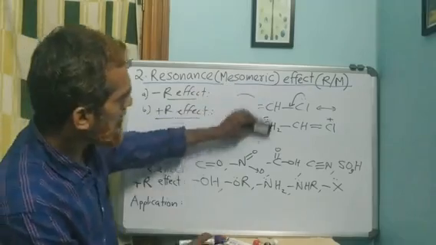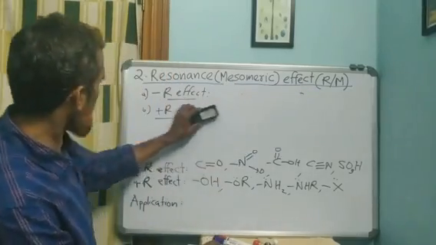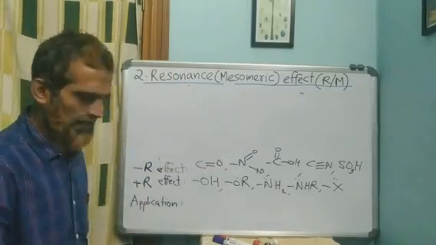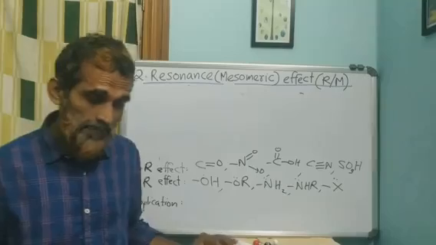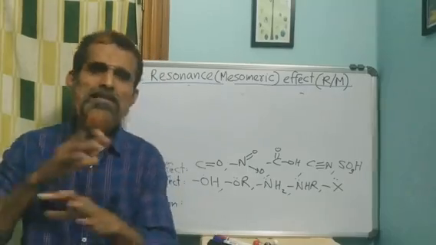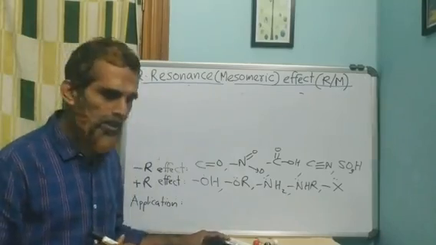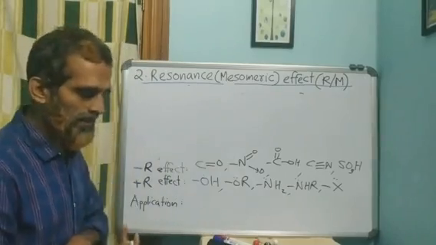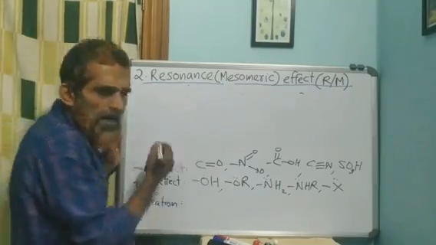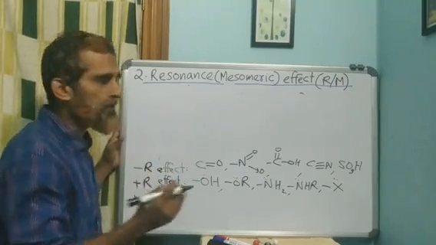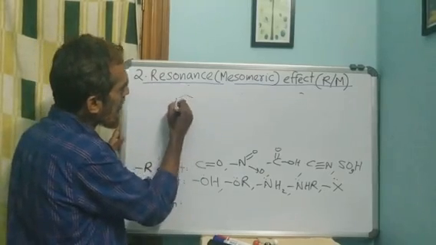Okay. Now, finally, application. What are the applications of resonance? Resonance has immense application in various properties of the molecule. Here we discuss only one. That is regarding the electrophilic substitution reactions of benzene.